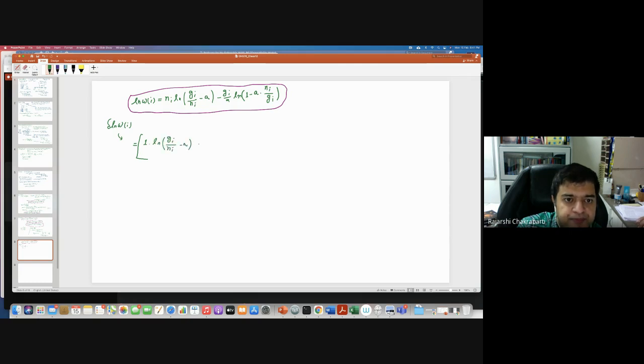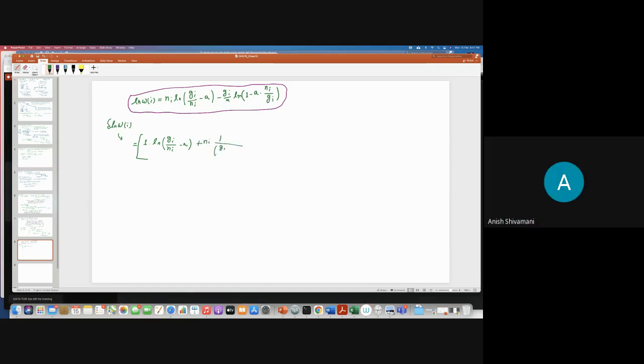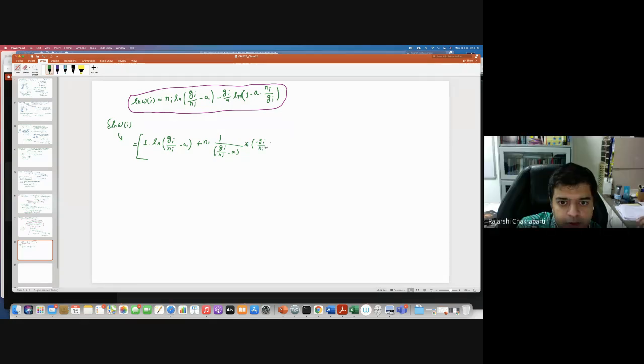What is the next term? Ni by gi by ni minus a, into minus gi by ni square, into, okay. And next term is into 0, sorry, it is minus actually.